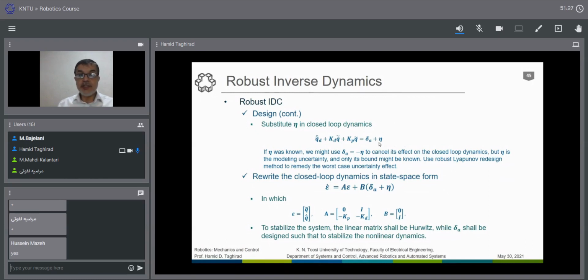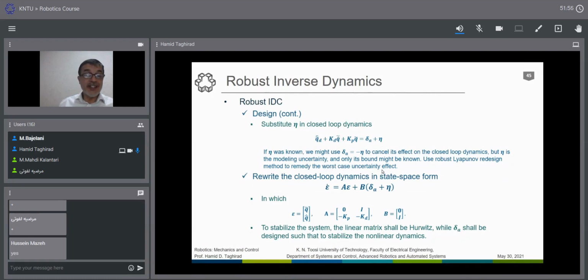And this worst case possible eta is the maximum uncertainty that we can have. For example, if you have a resistance with 1% error, the error maximum of it is 1%. So we consider 1% error for this parameter and all the other parameters, and consider that we can define a delta to compensate for the worst case eta value.